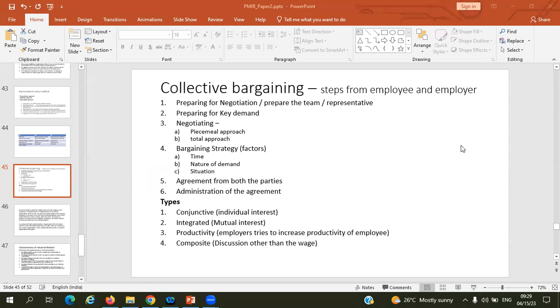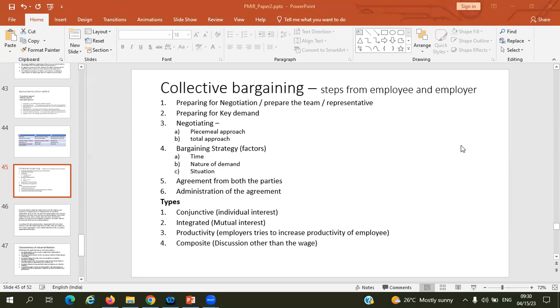If you talk about benefits, transportation, the problems the employees are facing, the work environment, they will discuss, they will do it better. But they don't want to talk anything about wages, salary. That type of bargaining is called composite bargaining.